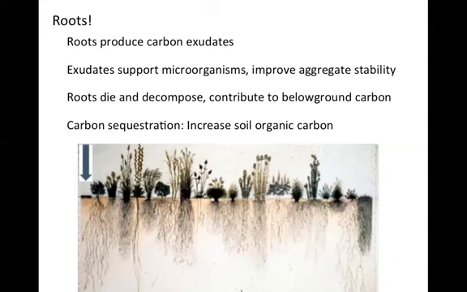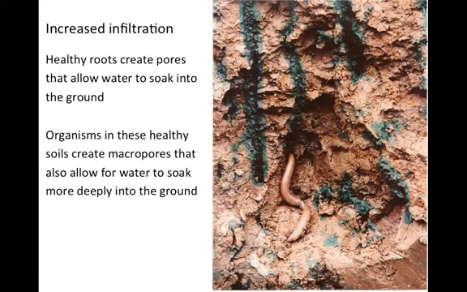We've got this healthy microorganism community, and we've got larger organisms, these macro vertebrates, earthworms, and they are all creating macro pores too. So this below ground process of increased carbon, increased root depths, mean that we're allowing more water to soak into the soil where it can be available for longer periods of time.